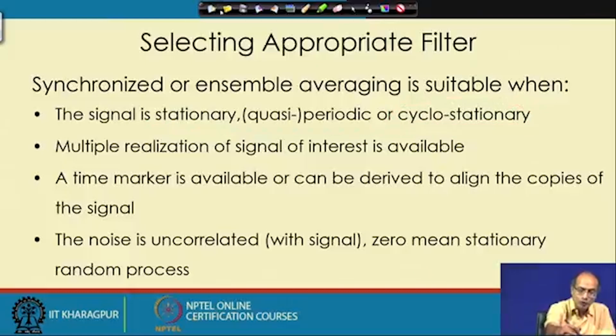And now to do this averaging, another important thing, a time marker is required. Why is that required? We have to align the copies of the signal.